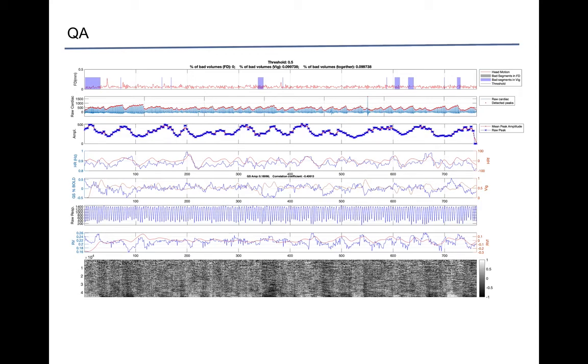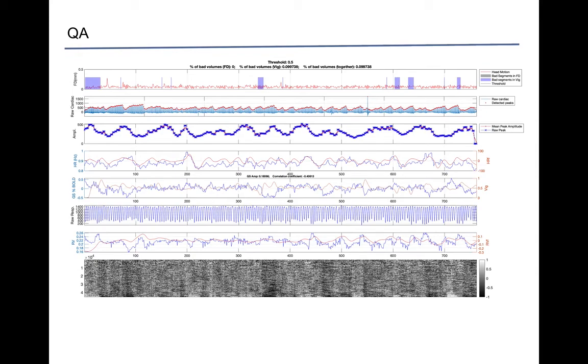For example, the first line is the frame-wise displacement. This is very valuable information, I think, because it gives you some idea about how the subject moved. You may have two subjects that both have, let's say, 20% bad time points based on some FD threshold. But it matters how these bad time points are distributed over time.